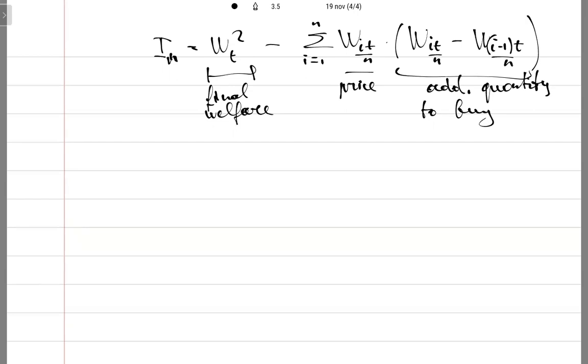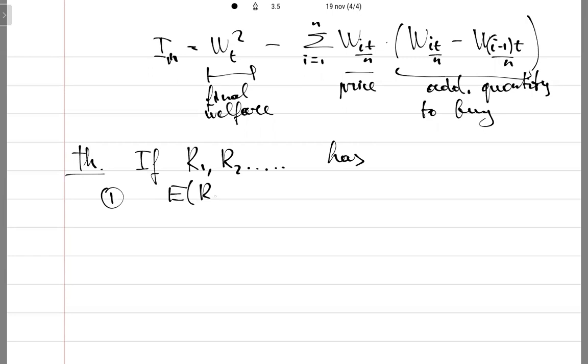Okay, just a little bit of practice with a theorem. I have a good theorem that says that if a random sequence R1, R2, and so on has the following properties: first, the expected value of Ri tends to mu, and the variance of Ri tends to 0.